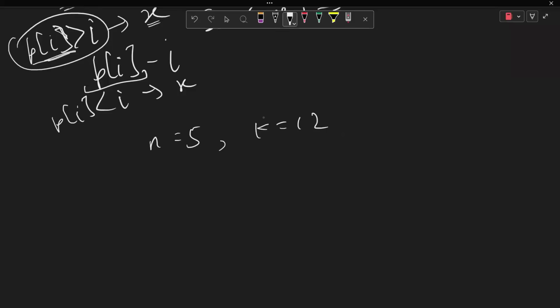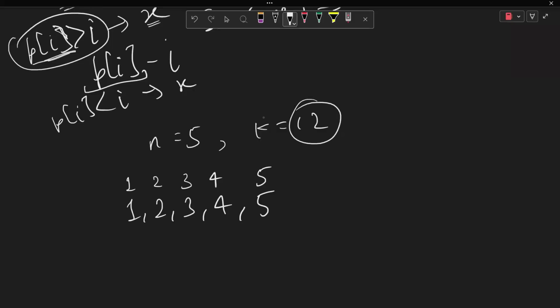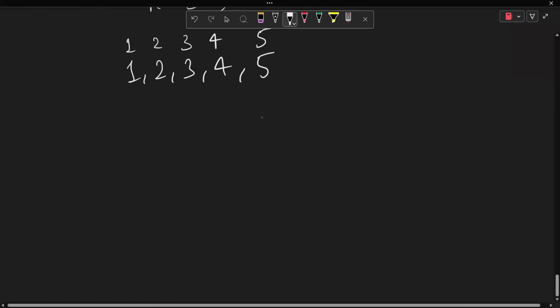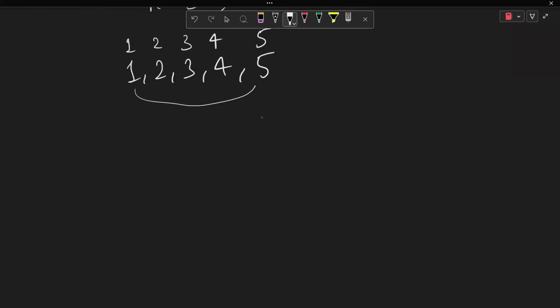What we can do here, first we would just write down 1, 2, 3, 4, 5, whatever we have. Okay, and these are the positions. Now we have to do some swappings so that we get 12 as our k. It means our x is 12 by 2, which is 6. So if we swap like this, 1 and 5, at position 1 we would have a 5.